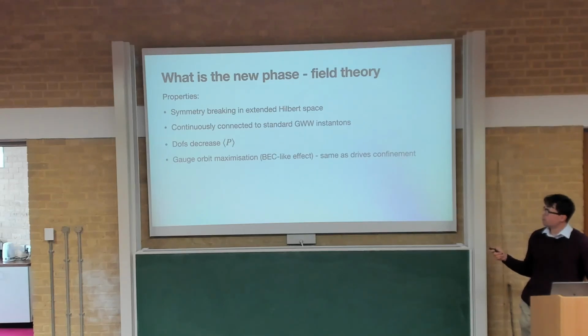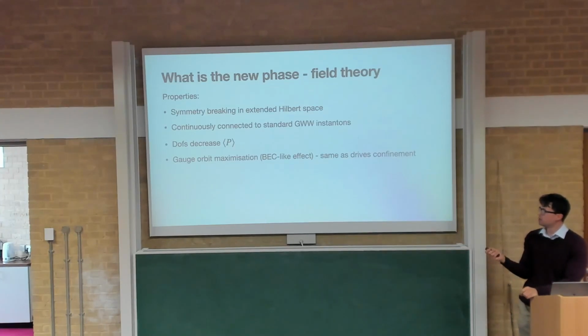Yes, and on the field theory side, there are some basic properties which are immediately apparent, which is that this gauge symmetry breaking in the extended Hilbert space, because these eigenvalues are tunneling.